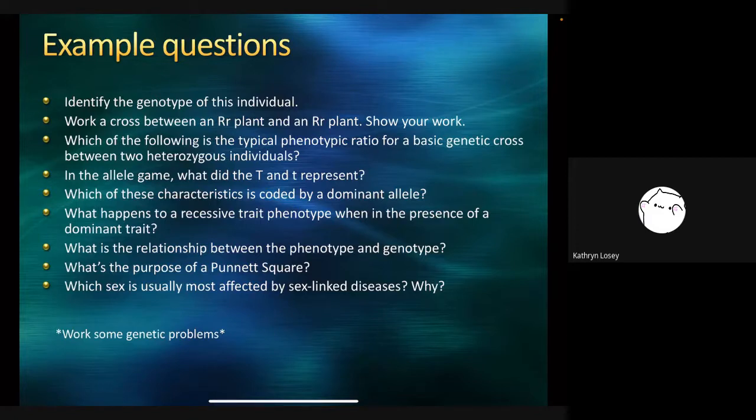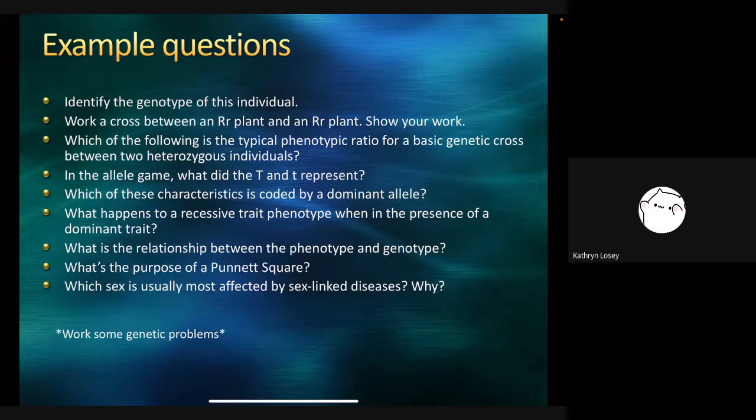Which of the following is a typical phenotypic ratio for a basic genetic cross between two heterozygous individuals? So again, if you work that heterozygous flower plant, you'd be able to see the genotypic and phenotypic ratios. But the phenotypic ratio for a basic heterozygous cross is 3 to 1, 3 with the dominant trait, 1 with the recessive trait.